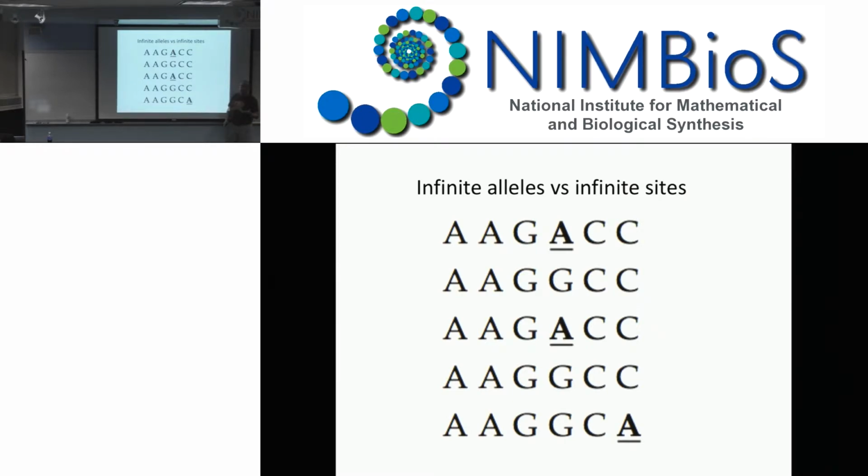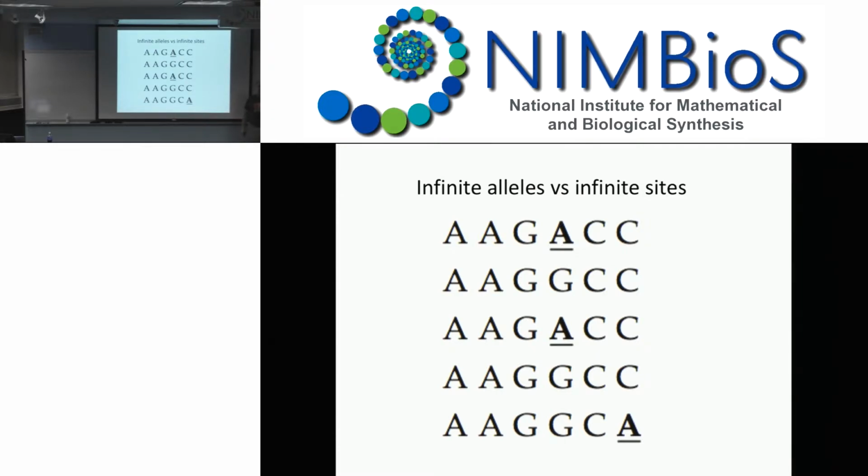So in site frequency data, you often distinguish between an ancestral allele, that is the allele present before the mutation, and the derived allele, that is the new one. So here, whether A or G is ancestral or derived, whether C or A is ancestral or derived, you can't tell just from the sequence.